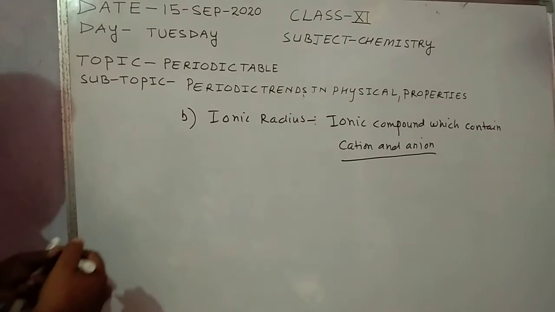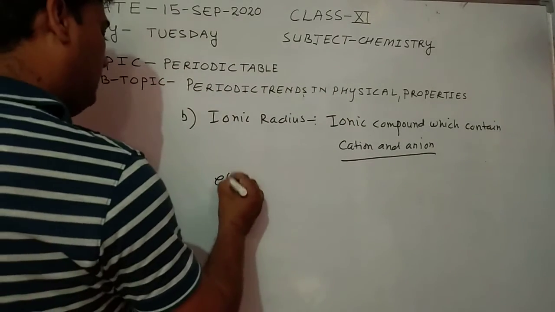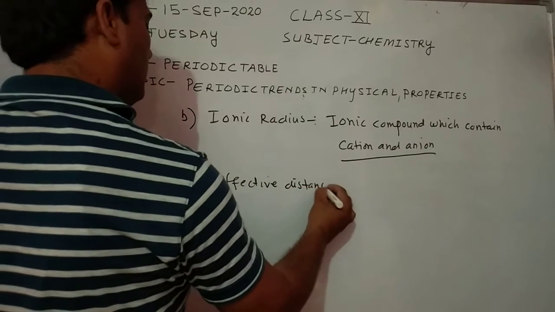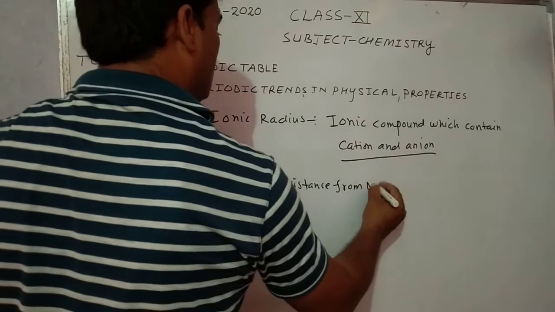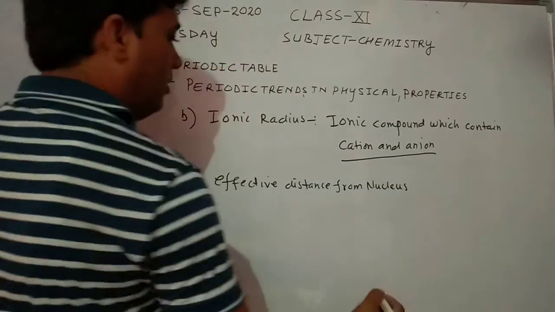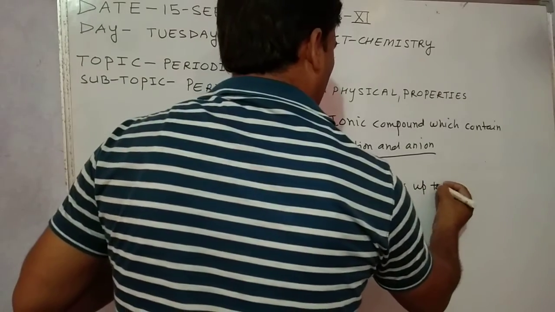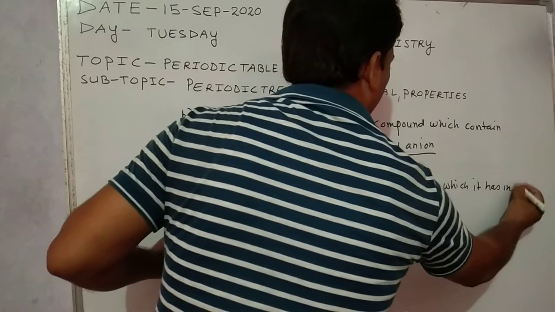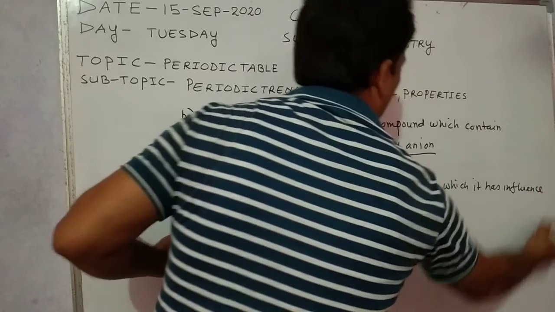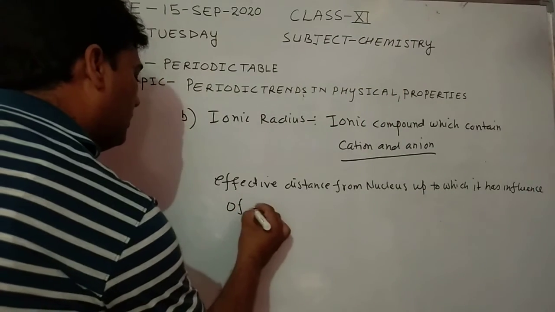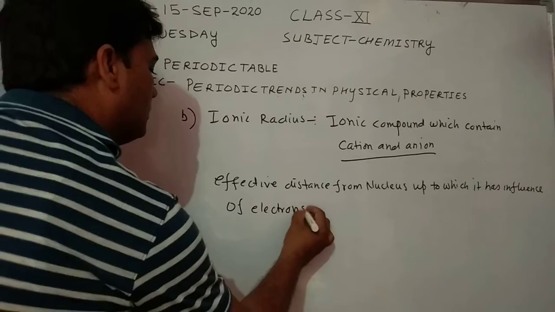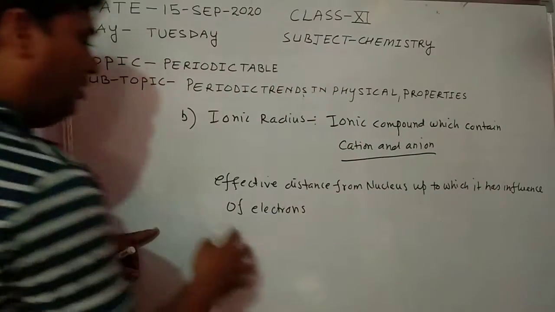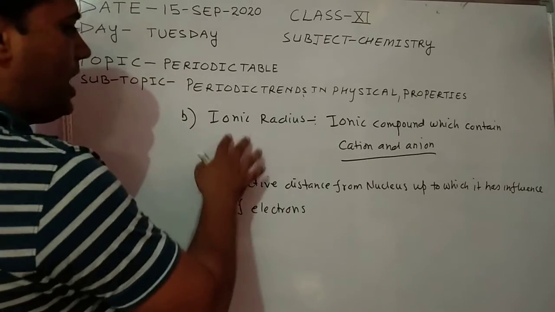So it is defined as the effective distance from the nucleus up to which it has influence of electrons. So the effective distance from the nucleus up to which it has influence of electrons is known as ionic radius.